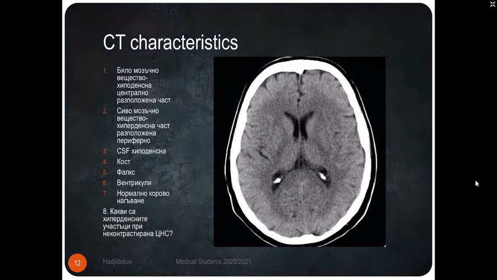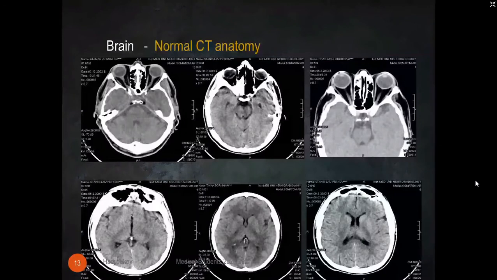gland. On other slides, at different levels, you can observe the normal CT anatomy. Of course, you see the orbits here in the first image. Then, a little bit lower, you can see the brainstem. Those are the orbital nerves. The sphenoid bones are here in the first row.